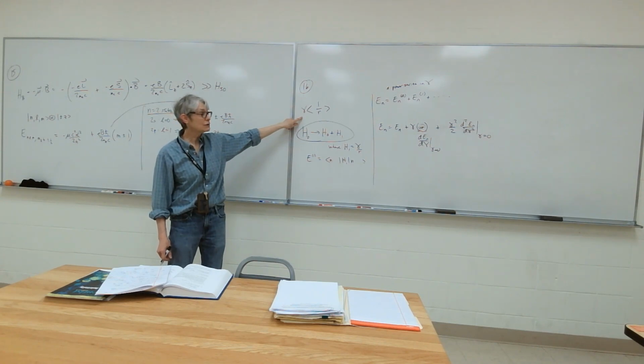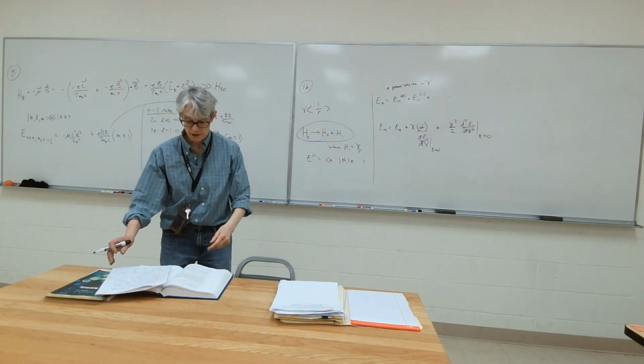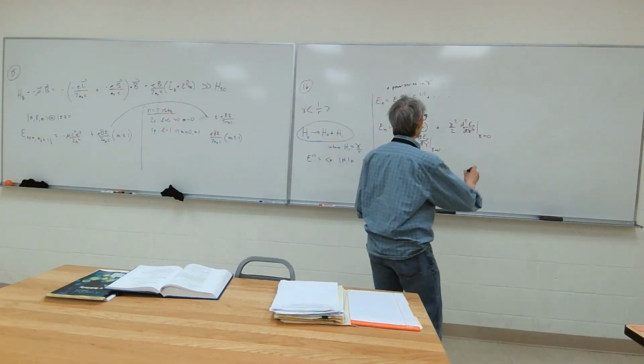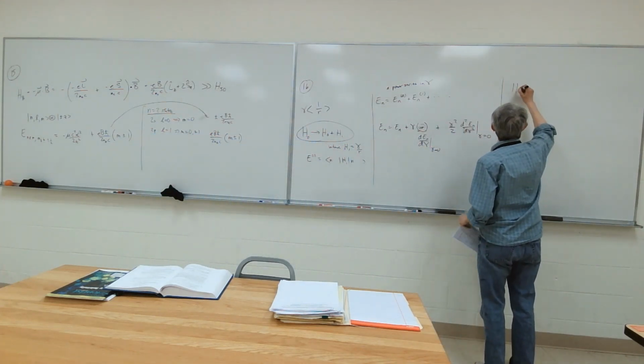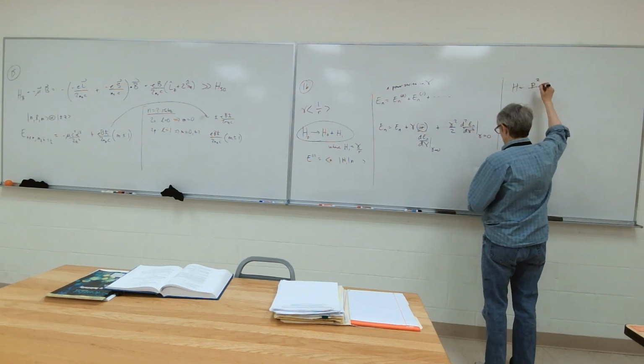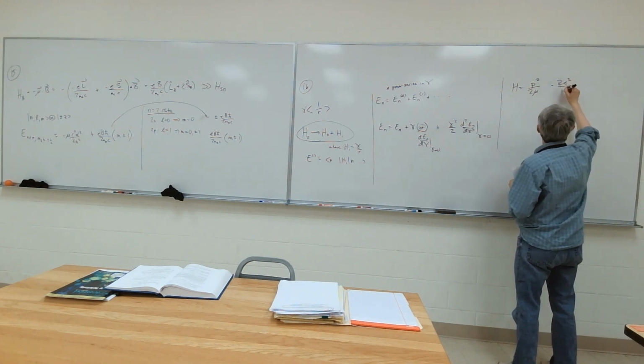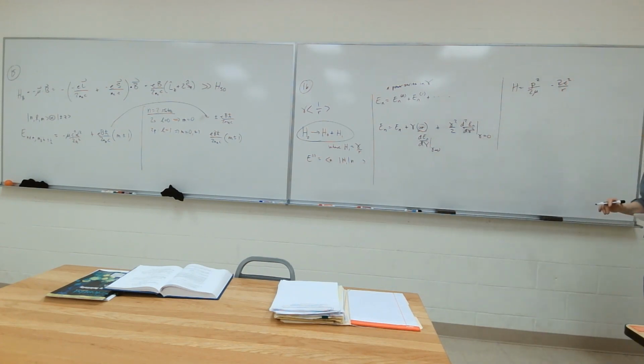So why can you use it that way? Well, now we're just going to write down what the Hamiltonian is, which is H equals P squared over 2 mu minus Z e squared over R, with a 4 pi epsilon naught if you really want.